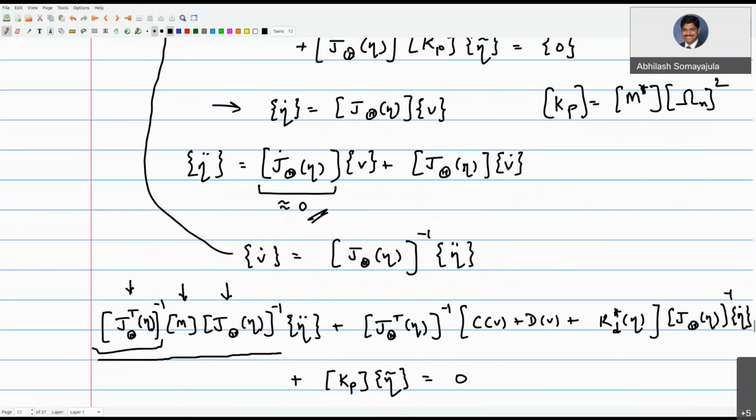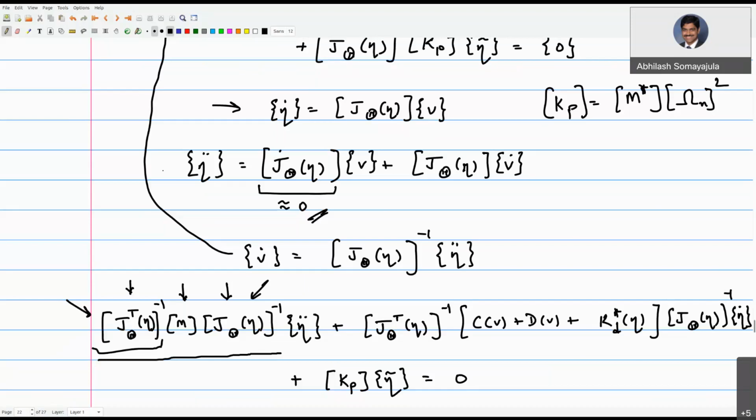So as long as J is slowly varying, I can argue that these two matrices, one here and one here, are also relatively slowly varying. They're not changing that quickly with time. So M star is relatively slowly varying, and therefore M star times omega n square will also be relatively slowly varying.